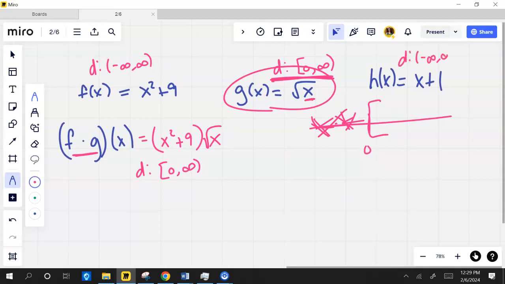It's just a linear function. Okay, so I've still got the same combined domain right now, right? Even if I combine all three. What if I asked you, actually, let's make this fun. I really want you to see what's happening here.